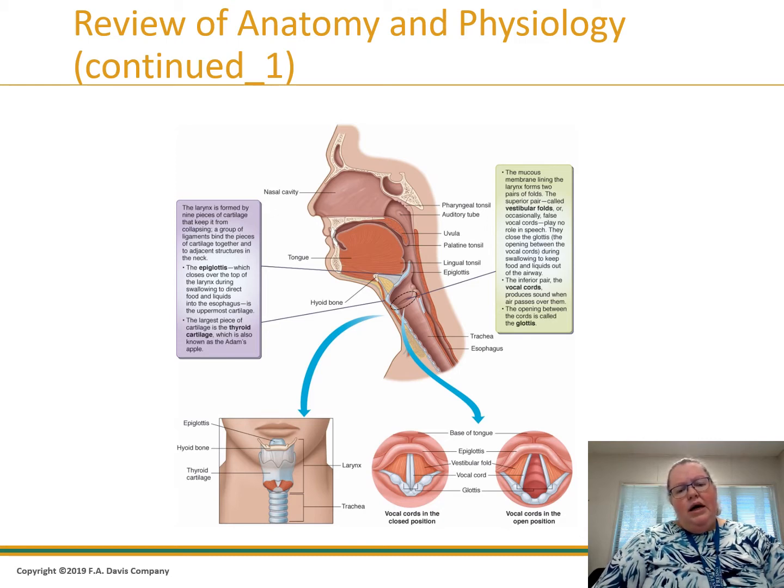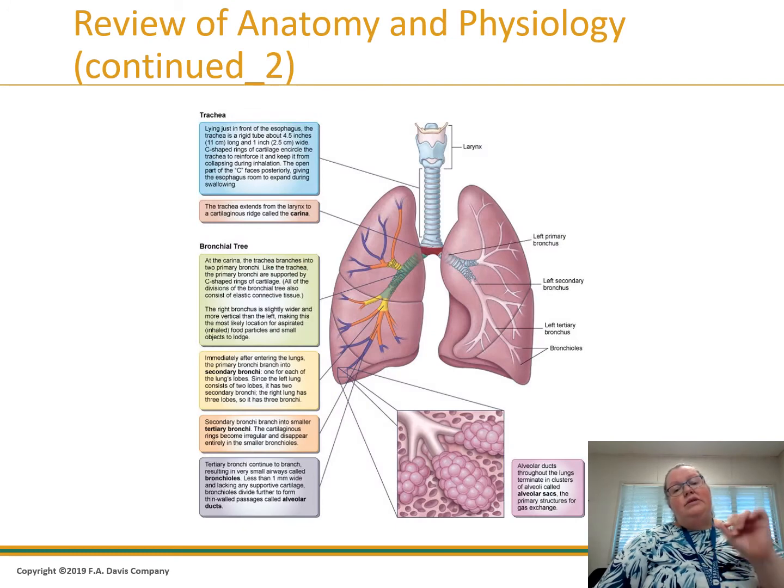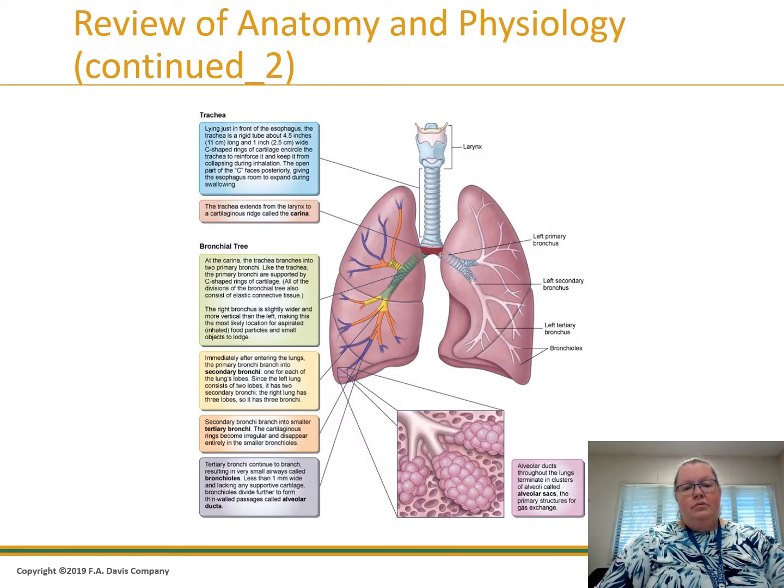Also, the vocal cords are protected as well, and they are also in this area. And these are the vocal cords. These are what we utilize as landmarks when intubating patients. Okay, so we have to visualize the cords. We go past the cords and go into the trachea right here.